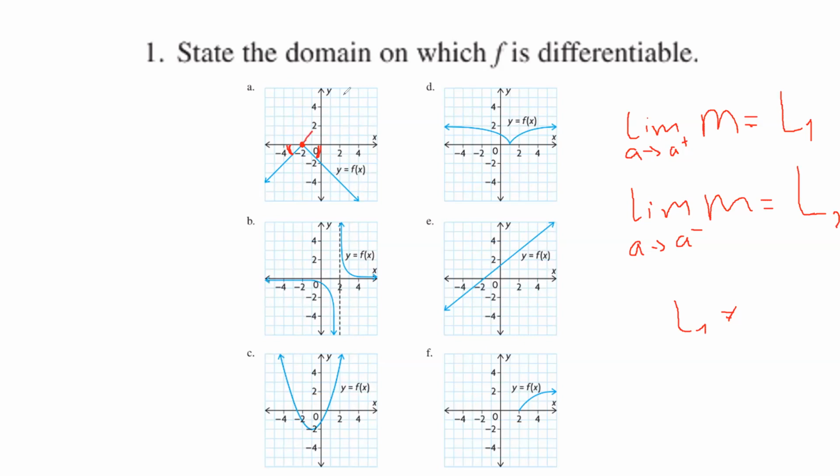The same angle would be if the graph were continuous like this, a straight line, and this angle was equal to this angle. But you remember the tangent line? Basically, the tangent line to the left of -2 would go like this. And to the right of -2, it's going to go like this. It's not the same.